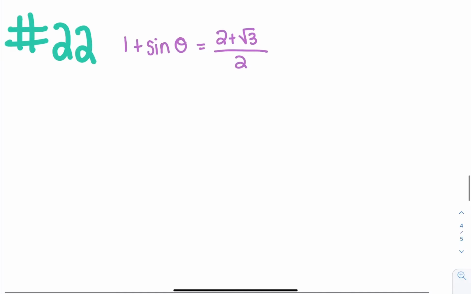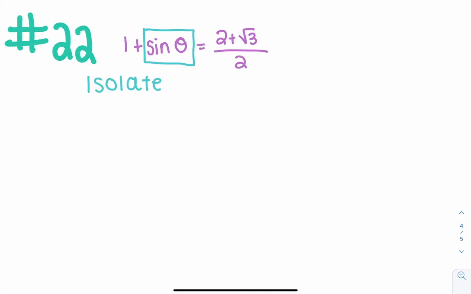And then we get into these problems that are a little bit trickier, because now we have to try to simplify first. Just like we did with certain absolute value problems, you want to put a box around the sine of theta, and you want to isolate it first, or get it alone first on one side. So right now, there's this 1 being added to it, and I want to get rid of that. To undo addition, I'm going to subtract.